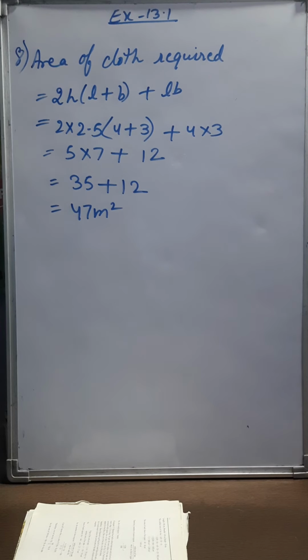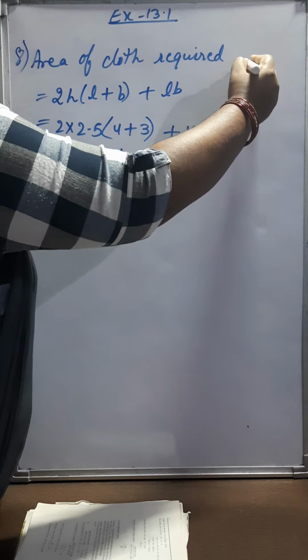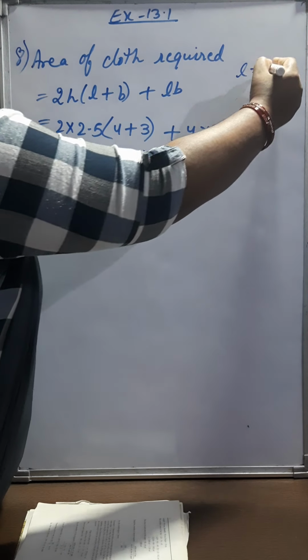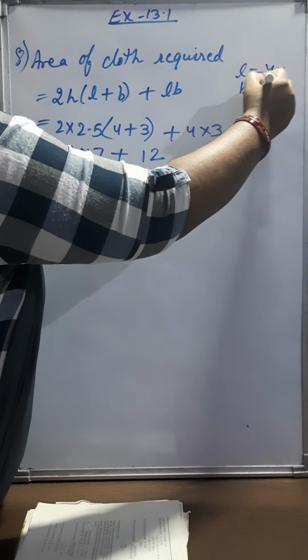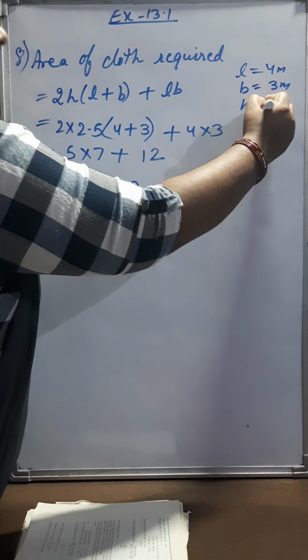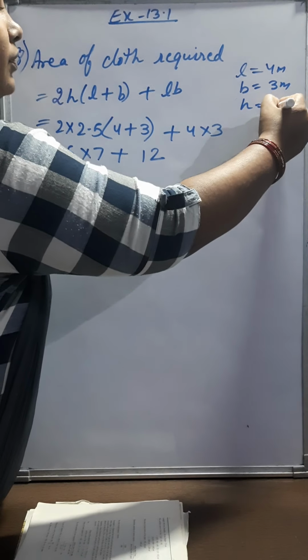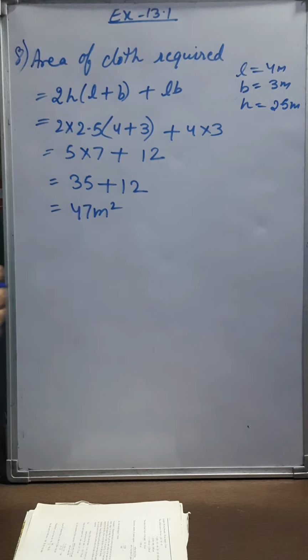Here base dimension is given. This means length is 4 meter, breadth 3 meter and height is given 2.5 meter. Since we have to make the shelter for a car, definitely the base we will not make. Base means floor.